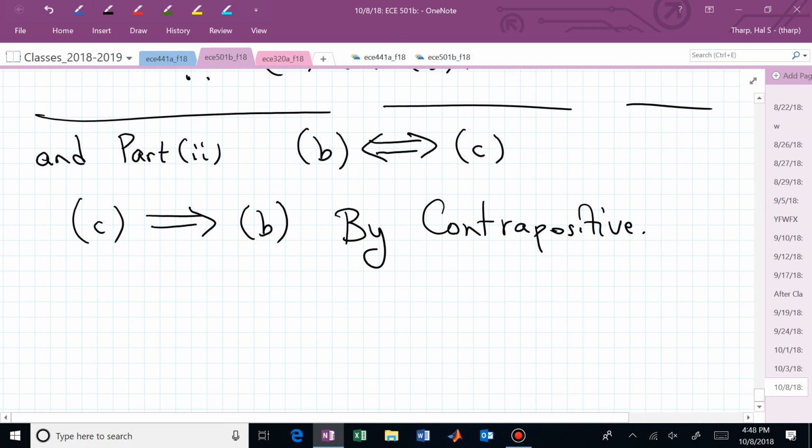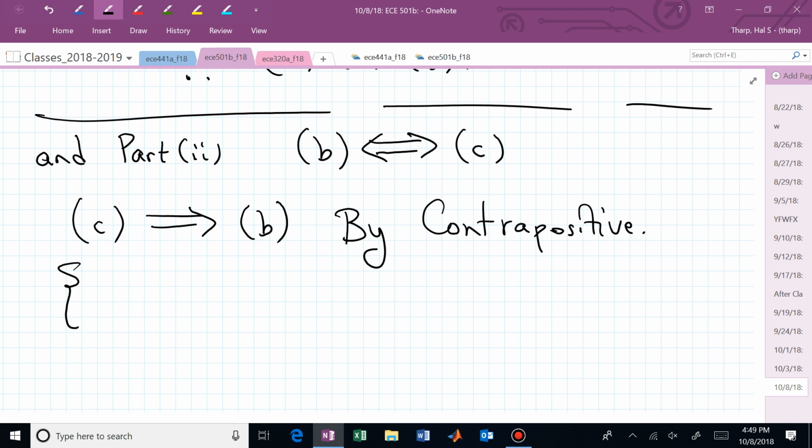So if we're using the contrapositive strategy for showing that C implies B, what does that really mean?